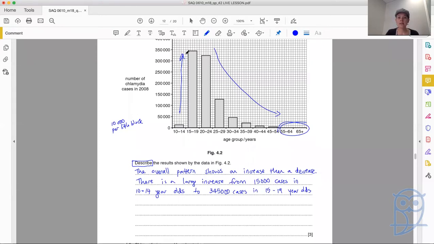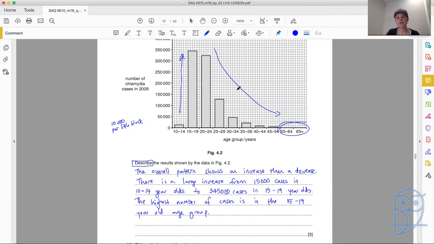So who is the peak? Peaks are nice. So the highest number of cases is in that 15 to 19 year old age group.